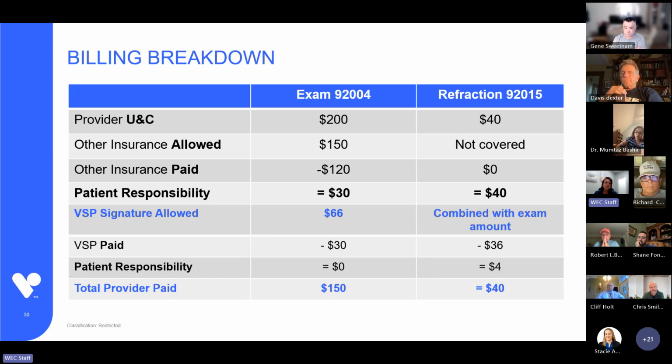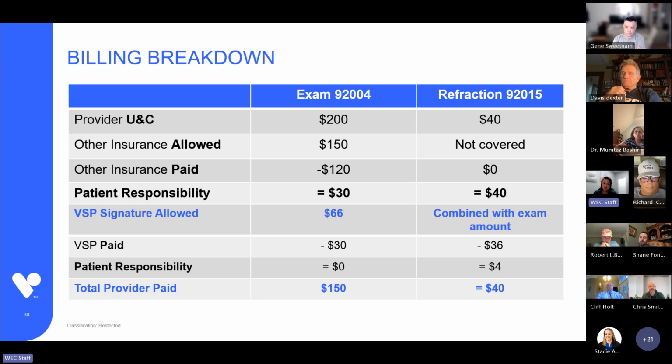So we're going to take 30 of that 66 to eat up their copay for the 92004. And that leaves $34 that you're going to put towards the refraction. So that $40 refraction now is minus the $34 from your 66 allowed, leaves the patient a $6 copay. I don't know about y'all, my patient's much happier with a copay versus a $70 copay.